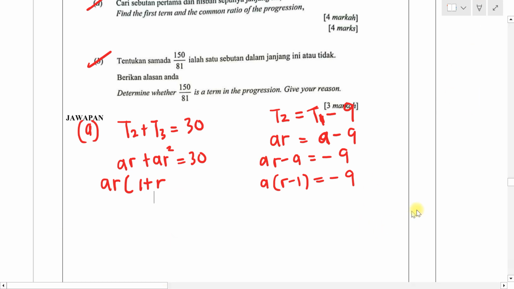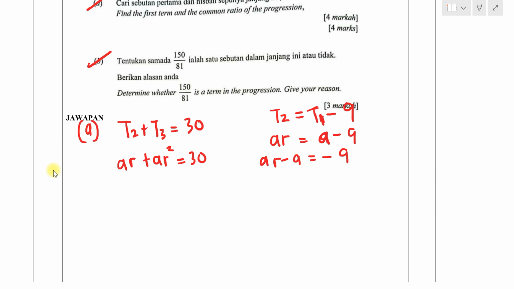You should be getting two equations like this. Try to get your first term and common ratio. Can get? No, sir. Cannot.